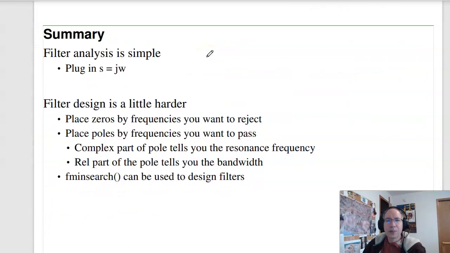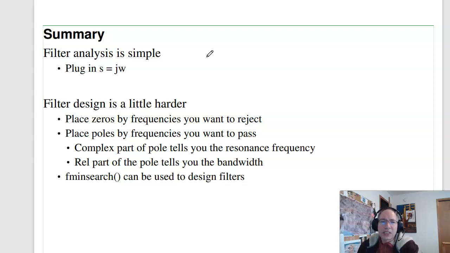So in summary, for filters, we've got analysis and design. Filter analysis is actually pretty straightforward. You just plug in s equals j omega. If there's a single frequency coming in, I analyze the gain of the filter at that frequency. I use phasor representation, real part cosine minus j sine, plug it in and get a complex number, and that's your output.